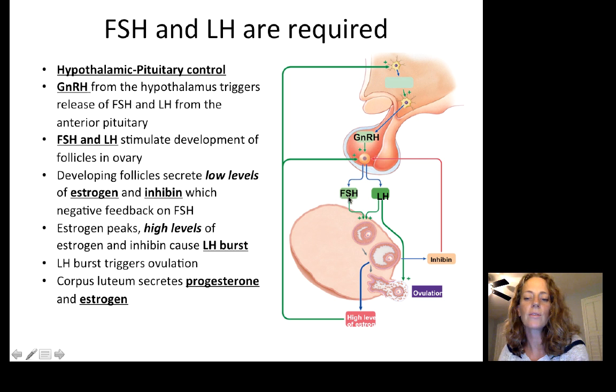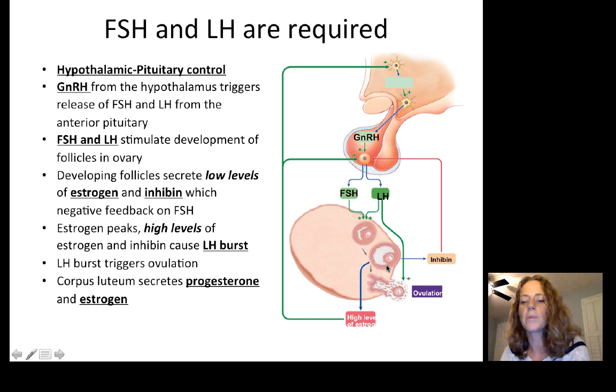So they are named follicle stimulating hormone because that increases maturation of the follicle. LH also triggers an increase in maturation of the follicle. So both LH and FSH send the signal to one or two follicles to mature.